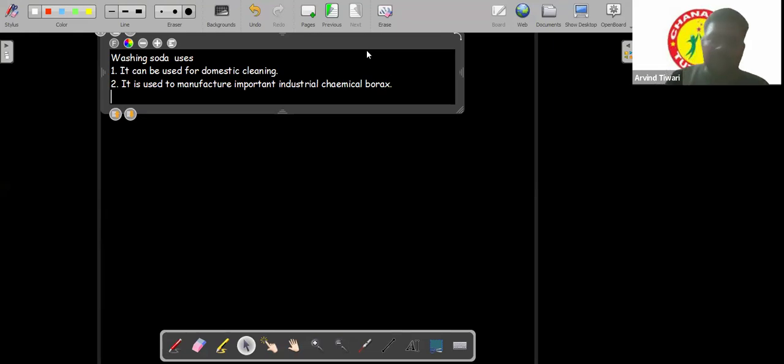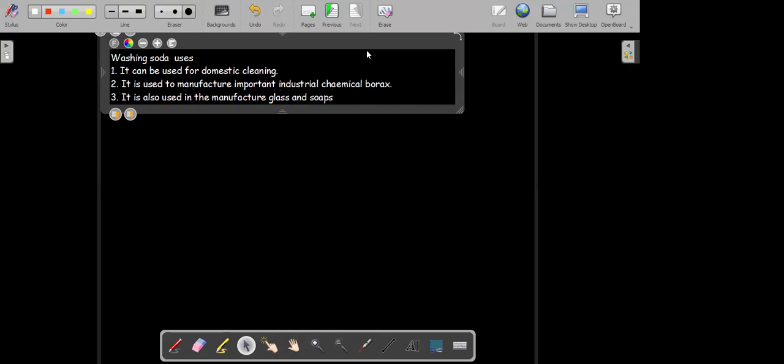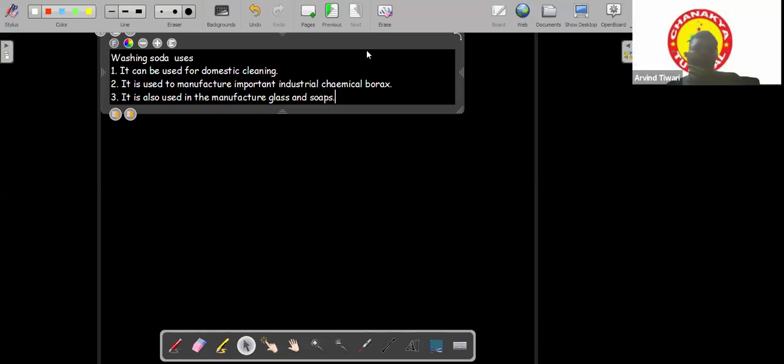Another use: washing soda is also used in the manufacture of glass and soaps. Sir, can you please explain the second point? The second point: it is used in the manufacture of the important industrial chemical borax.